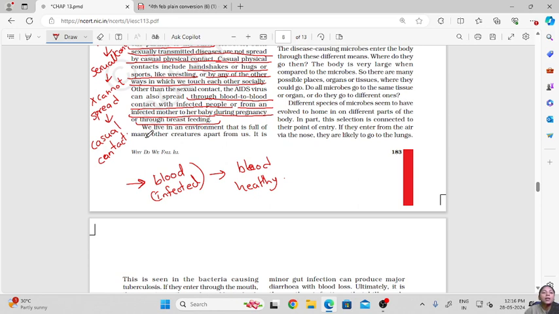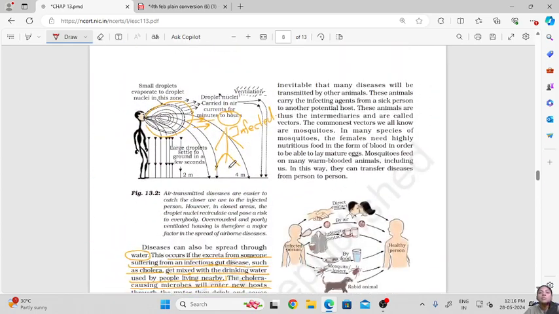We live in an environment that is full of many creatures apart from us. So it is very likely that the creatures or the animals which are surrounding us can also give us some disease or other.